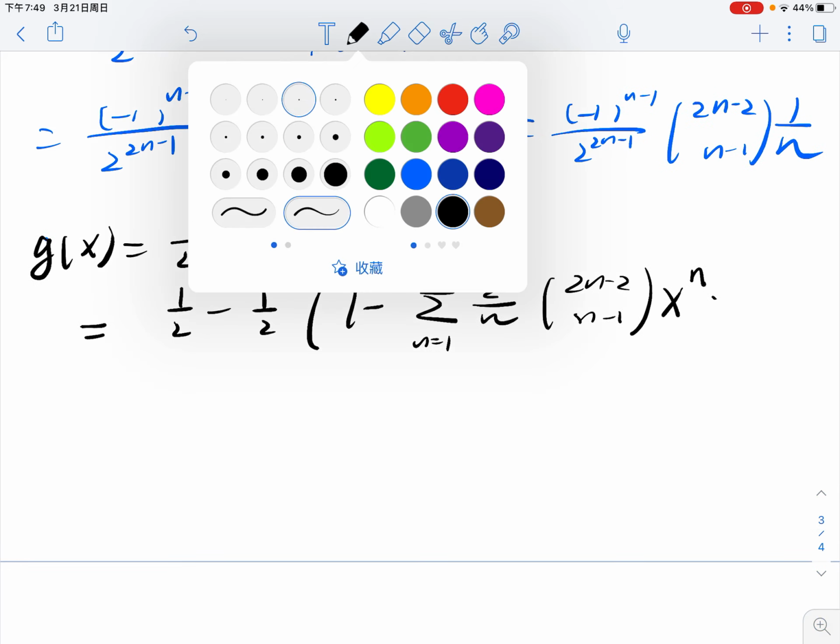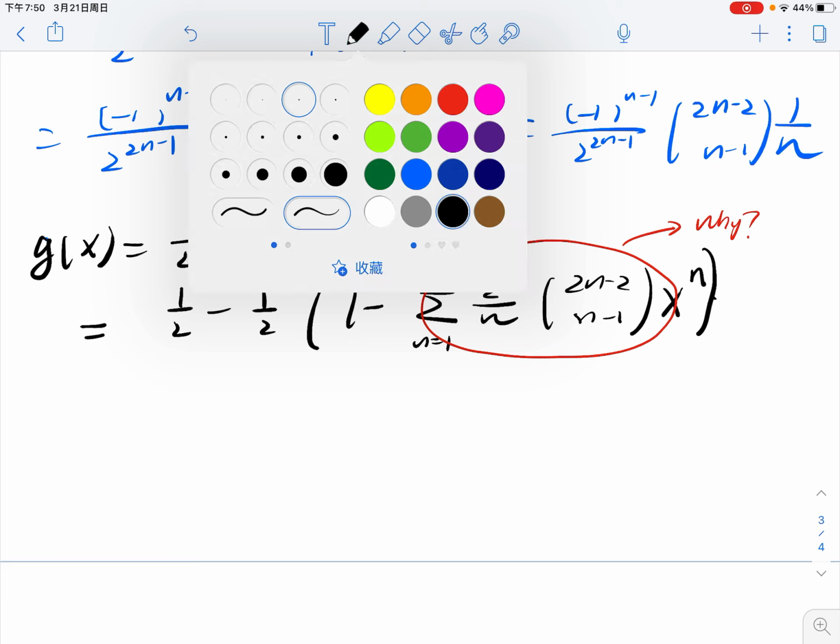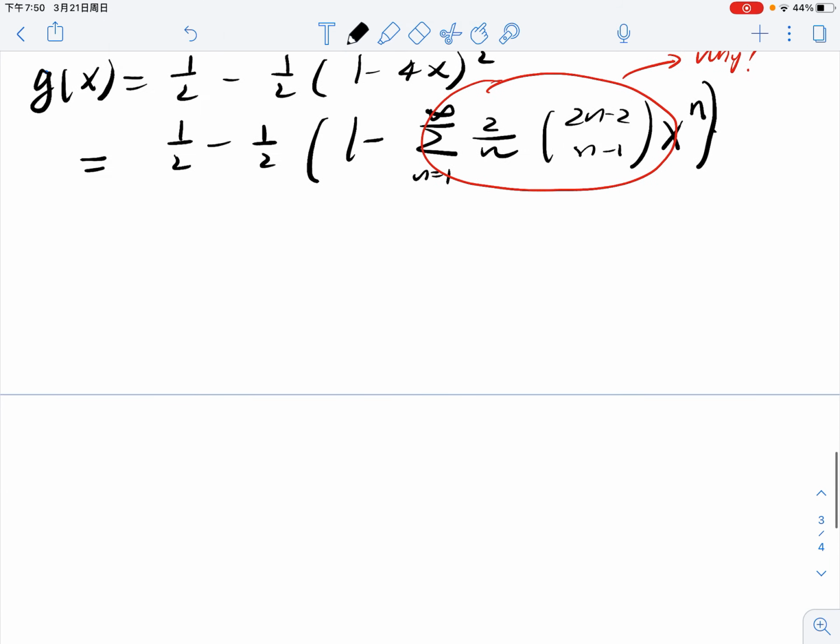So here you need to do a little bit of computation. I omitted it, so I leave it to you. You just plug in the formula.